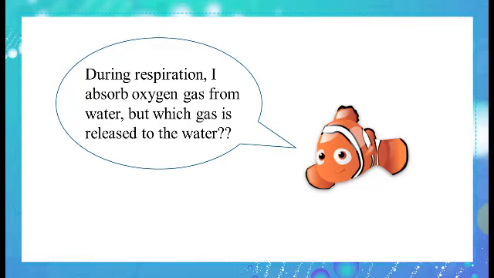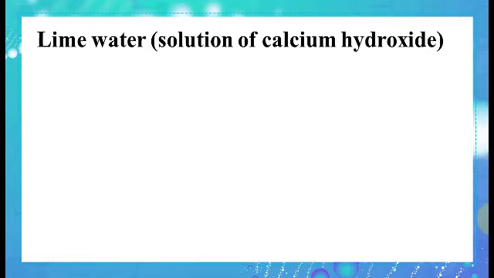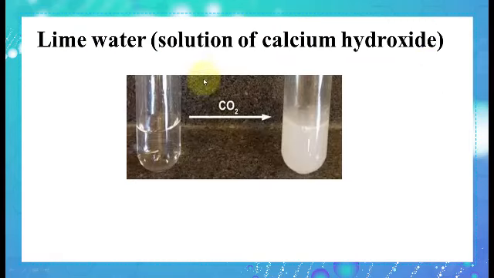But which gas is released to the water? In our experiment, we are going to use lime water, which is a solution of calcium hydroxide. But what is the role of lime water? Observe the aspect of lime water before adding carbon dioxide gas. It was clear.